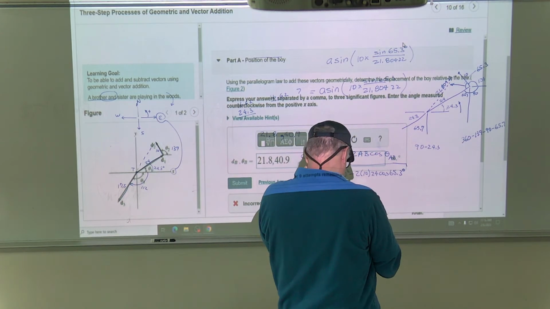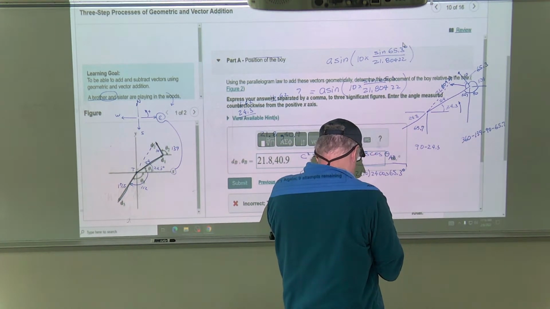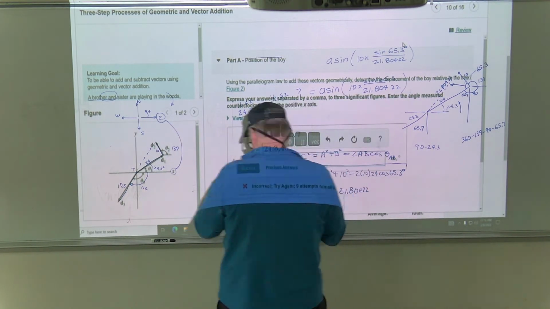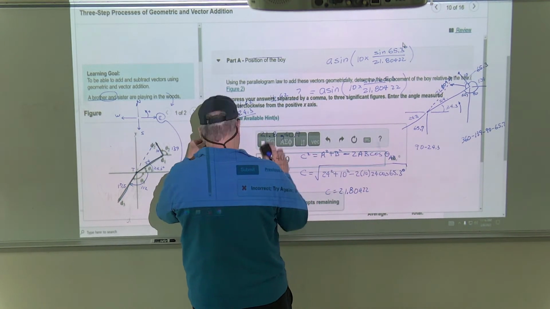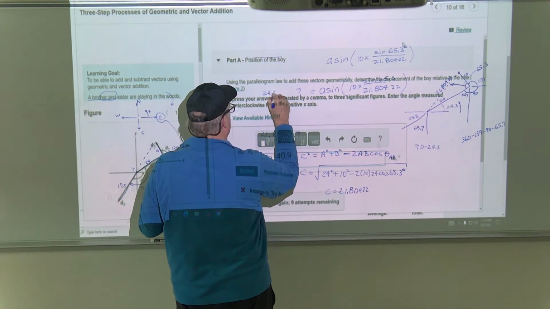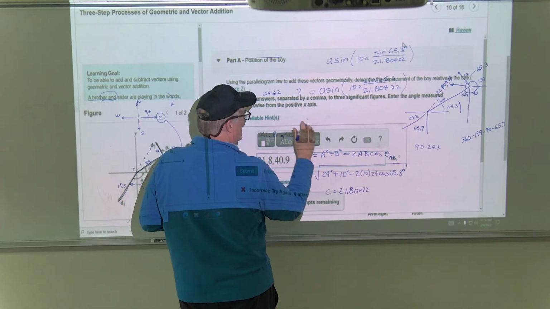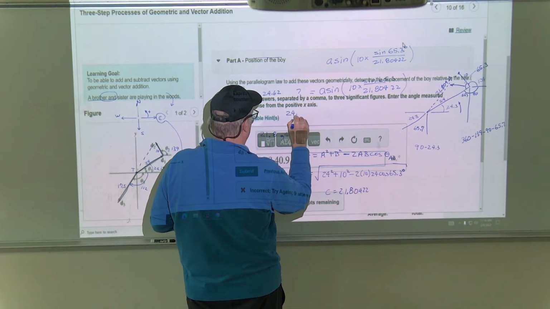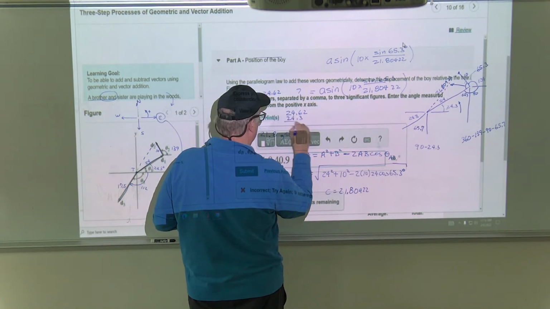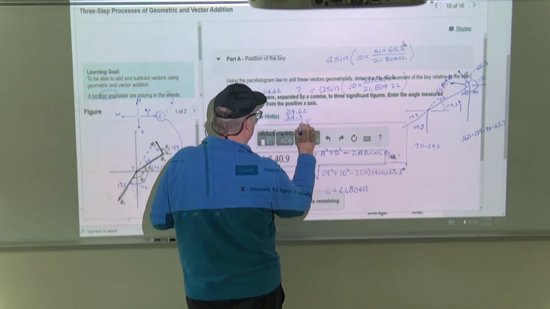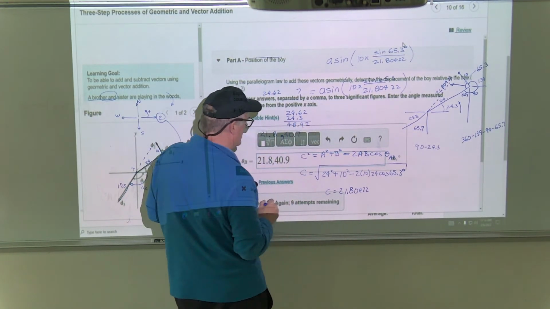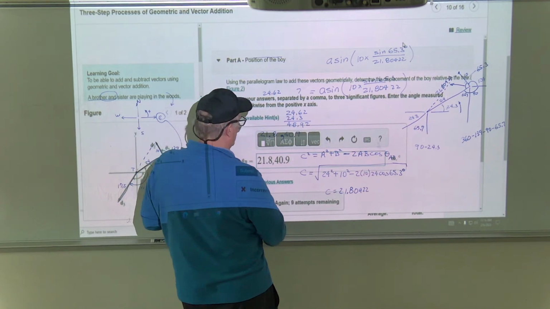Okay, let's see what it did. It says 24.62. It says 24.62. So if I add that 24.62 to 24.3, get 2, 9, 8, you get 48.9.